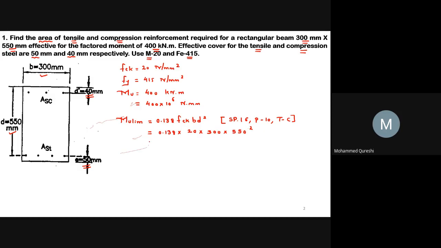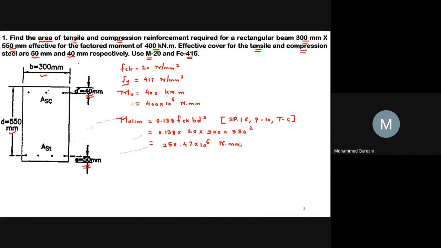After solving, we get 250.47 into 10 raised to 6 Newton into mm. So here the moment capacity is 250.47 into 10 raised to 6 Newton into mm.